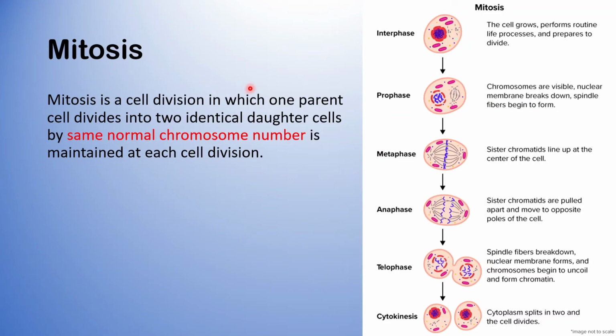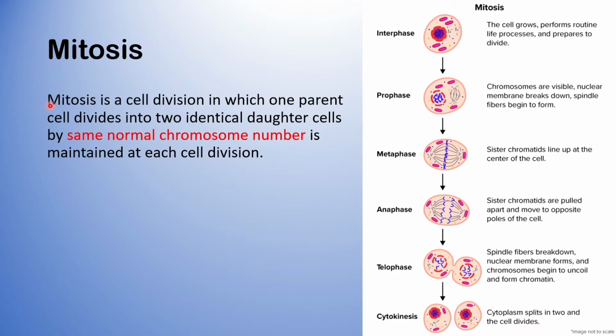So now mitosis. Mitosis is a type of cell division in which one parent cell divides into two identical daughter cells, and the same normal chromosome number is maintained at each cell division.